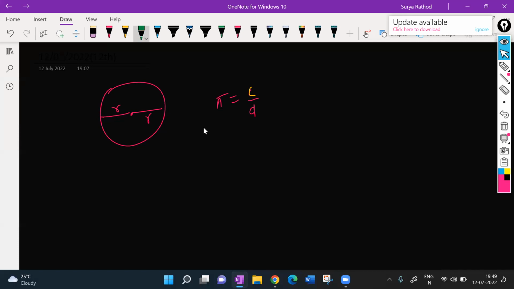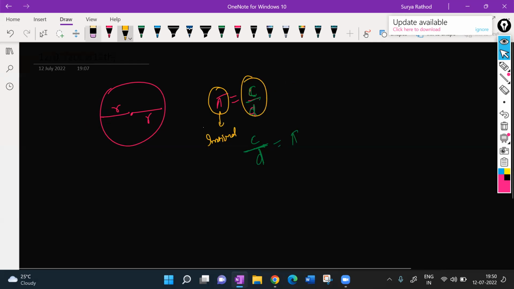So it seems to contradict that pi is irrational. How will you resolve this? How come the ratio of the circumference divided by the diameter is an irrational number? Basically, it is an irrational number for sure.